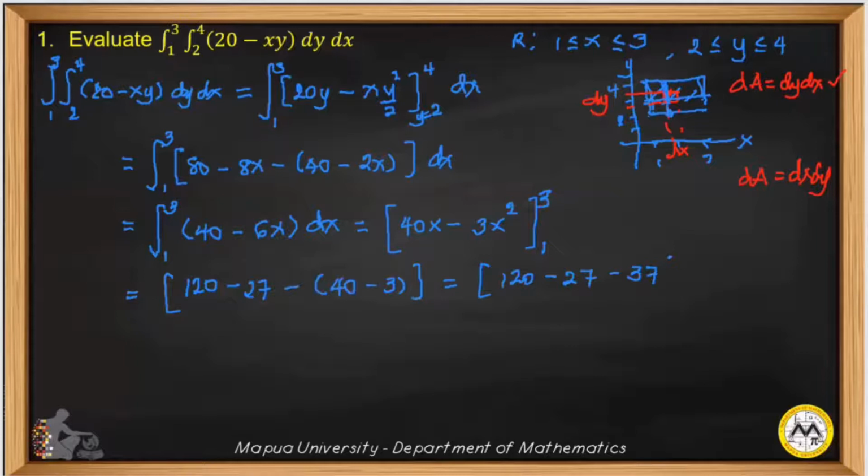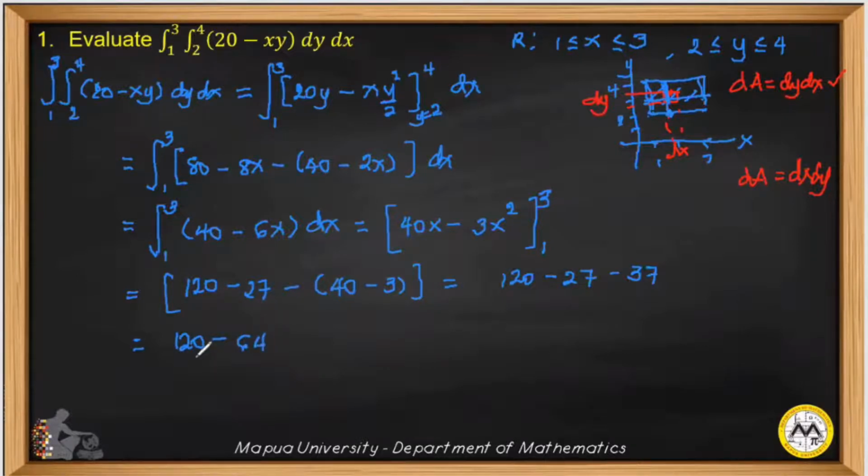Okay, we can actually remove the grouping symbol. And this is equal to 120 minus 27 plus 37 is 64.